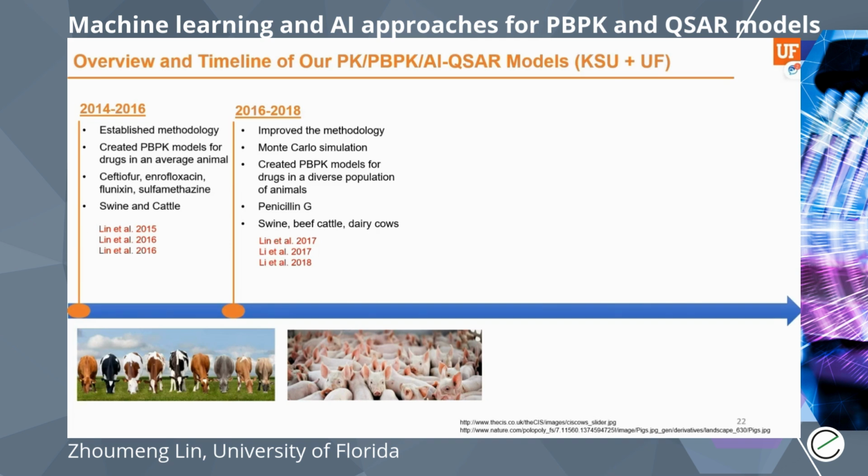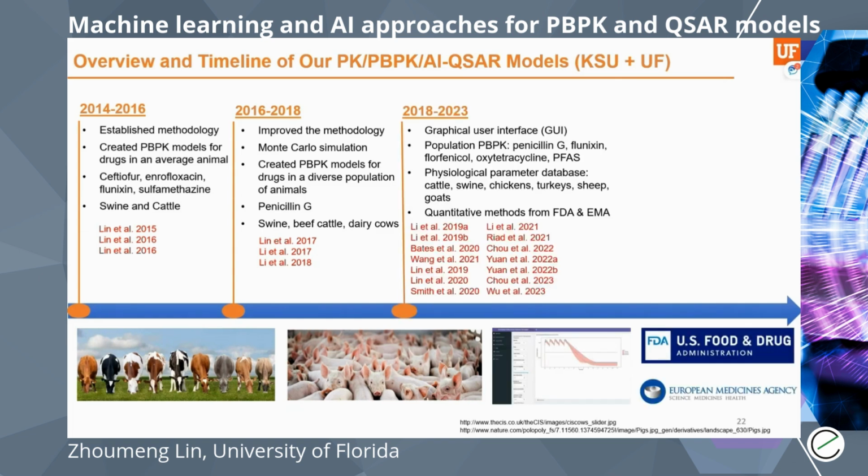But at that time, the model was complex computer code and not user-friendly. So in recent years, we converted our model to a graphical user interface that is now easily used by responders, regulators, and risk assessors.